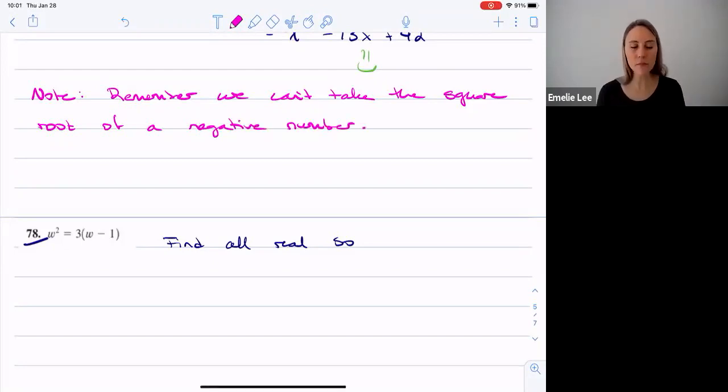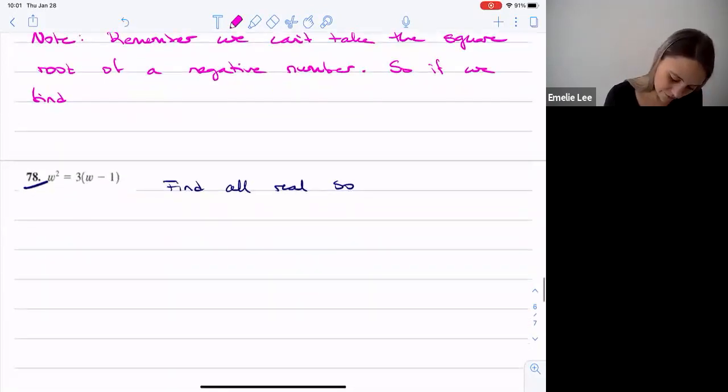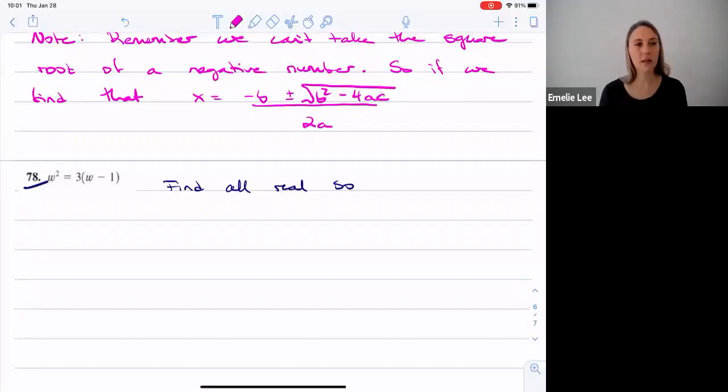Okay. So if we find that x is equal to negative b plus minus the square root of b squared minus 4ac over 2a, okay, tries to take the square root of a negative number here. So if b squared minus 4ac becomes negative, right, we have no solutions.